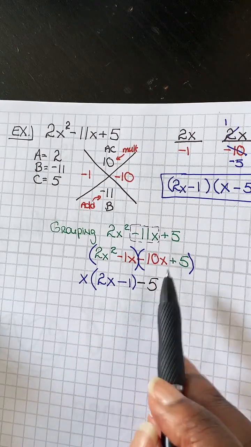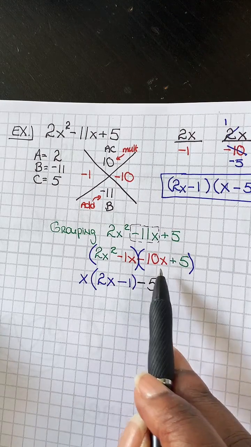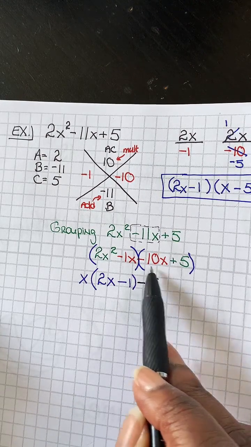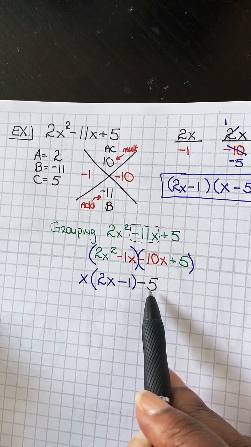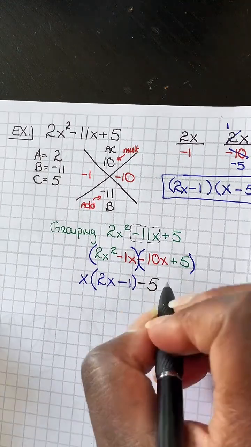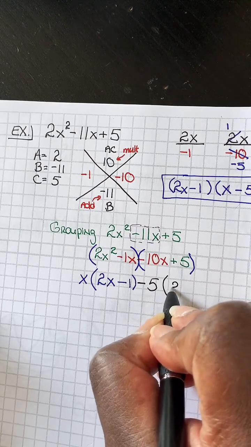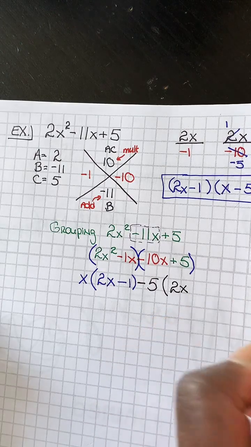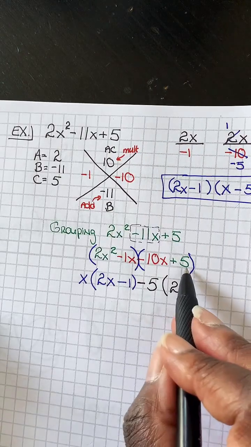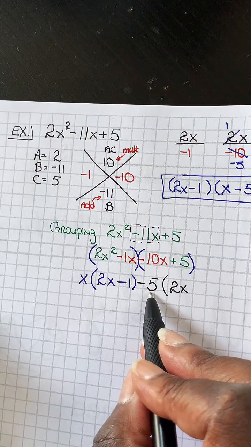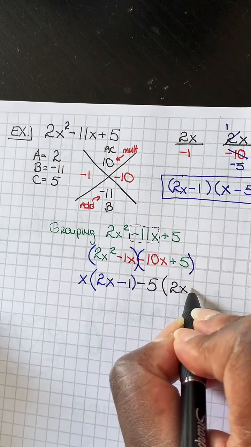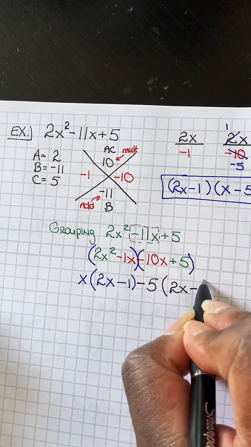So negative 5 is your GCF for the second parenthesis, and you divide the original by negative 5. Negative 10x divided by negative 5 gives me a positive 2x. Then a positive 5 divided by a negative 5 gives me a negative 1.